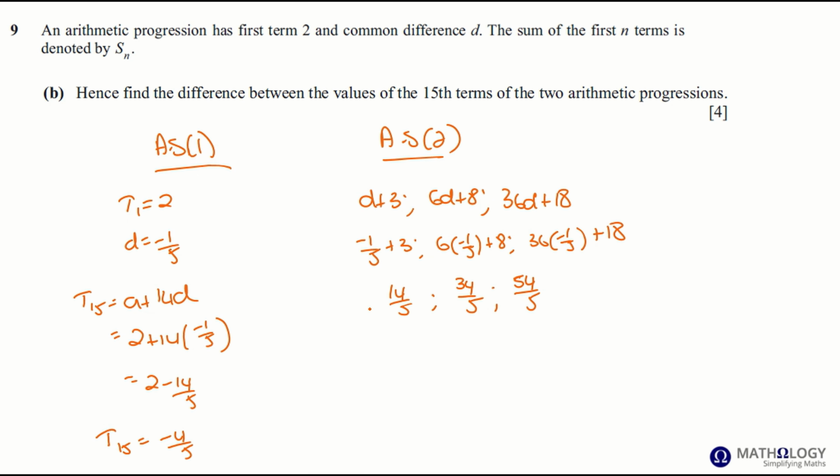For the second progression, a is 14 over 5 and the common difference is 4. So the 15th term is a plus 14d. 14 over 5 plus 14 times 4. That's 294 over 5.